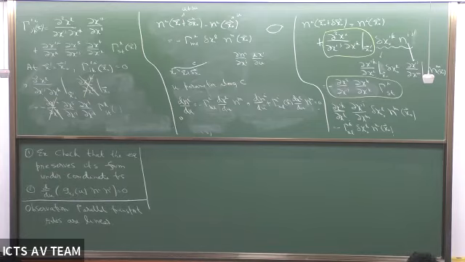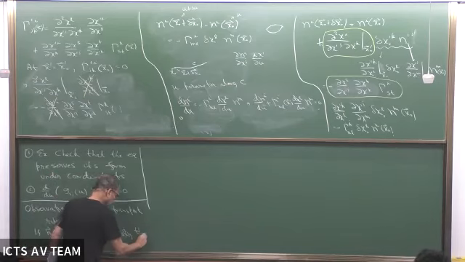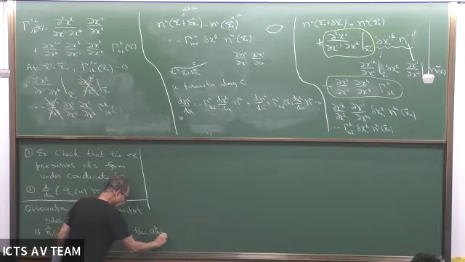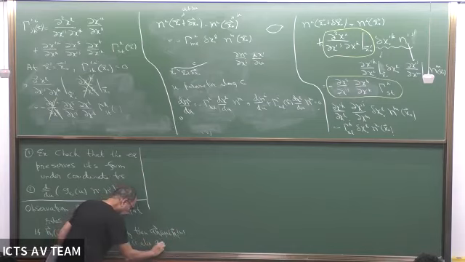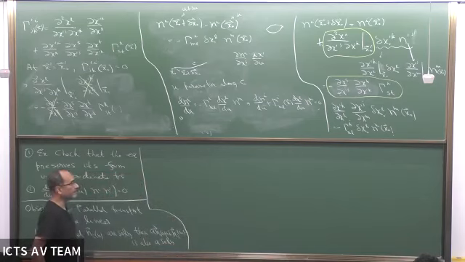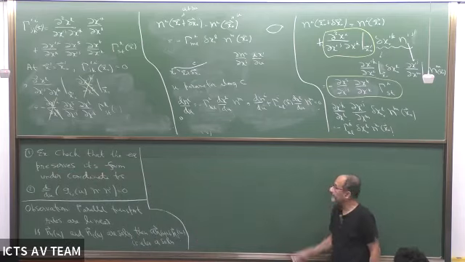So what do you know? They are linear. This means that if N1 of u and N2 of u are solutions, then A N1 of u plus B N2 of u is also a solution, just because the differential equation is linear in N. You can just see from there.